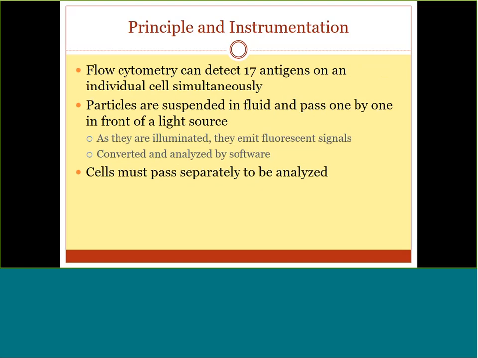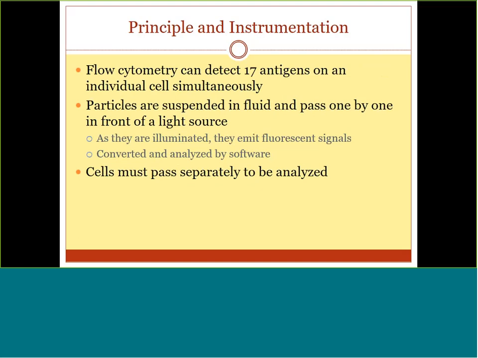And when you put the sample through, that flow cytometer can detect 17 antigens on one cell simultaneously, which is kind of freaking amazing. So it can look at all these different surface antigens, and each cell is unique with some of the antigens it will have. And by knowing what's on each cell, it determines what cell type is present. So again, this is mainly used for leukemias and a few other malignancy disorders, and that will help diagnose it further.